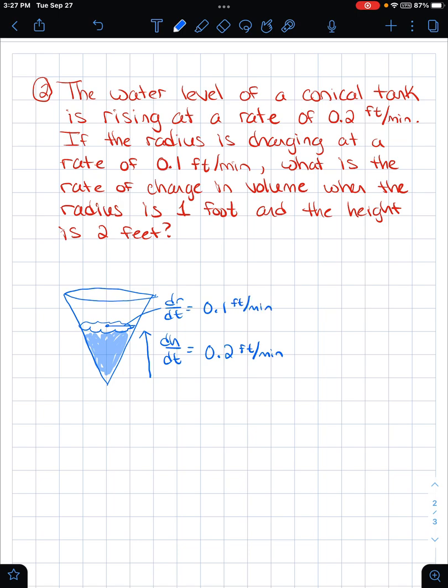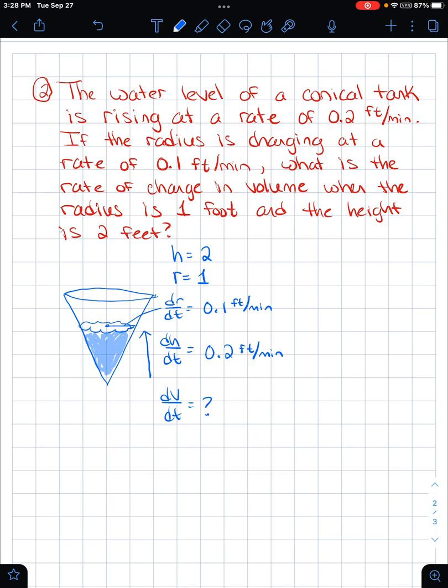What is the rate of change in volume? So what we're looking for then is dV/dt when the radius is 1 foot. So at this moment in time, r equals 1. And at this moment in time, the height equals 2. Wow, there's a lot going on here. A lot of moving parts.